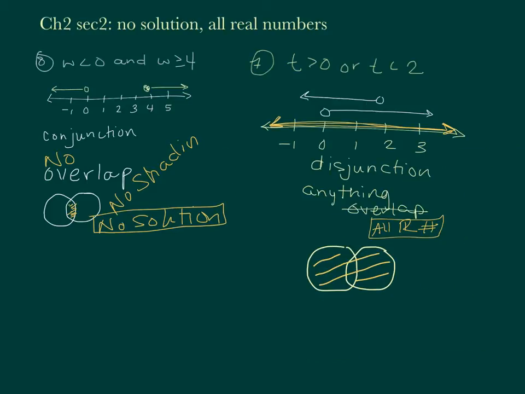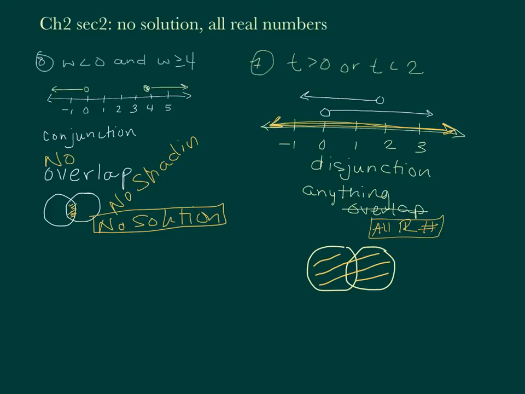So again, I'm just going to reiterate that in number 8, the reason I have no solution is because I'm specifically looking for overlap. With an and, I have to have an overlap. It doesn't exist here, so I have no solution. Now with ors, with my disjunctions, anything that exists in one of the two solution sets will exist in the final solution set.